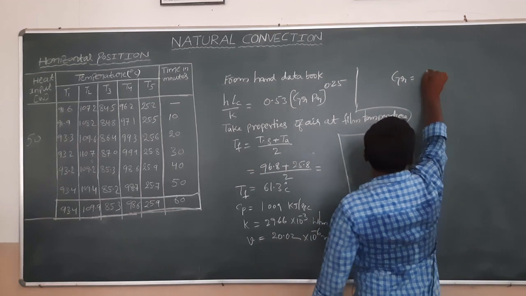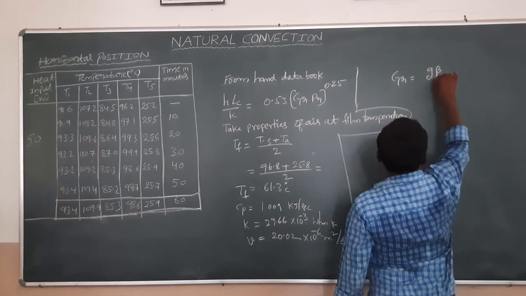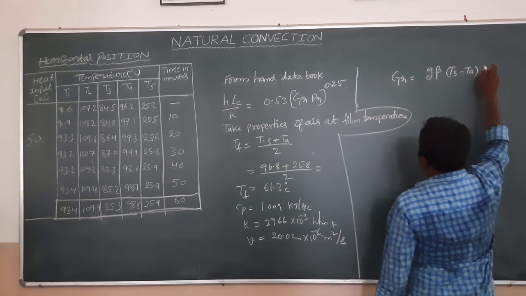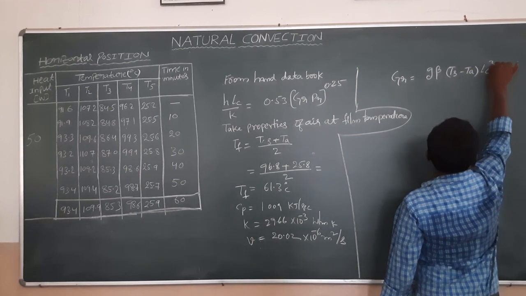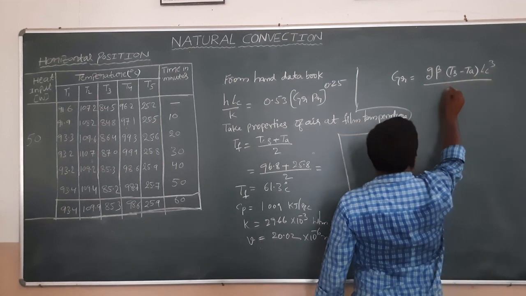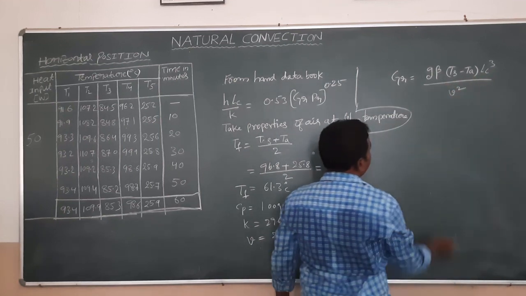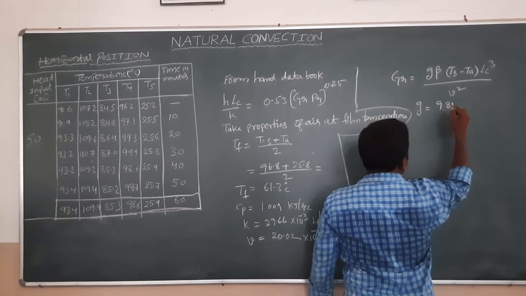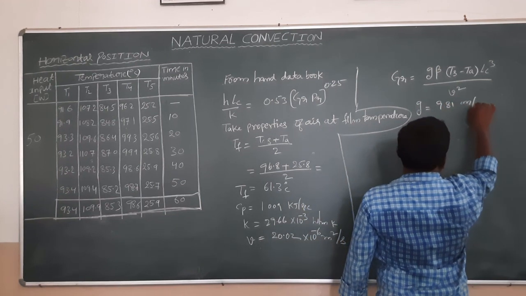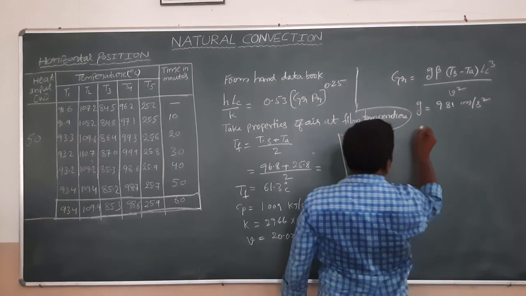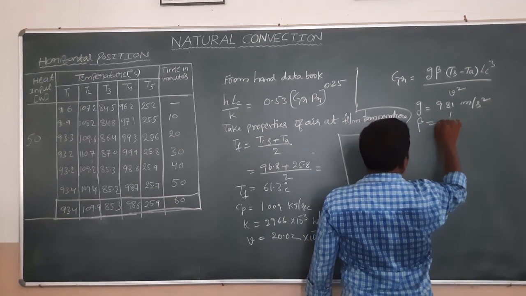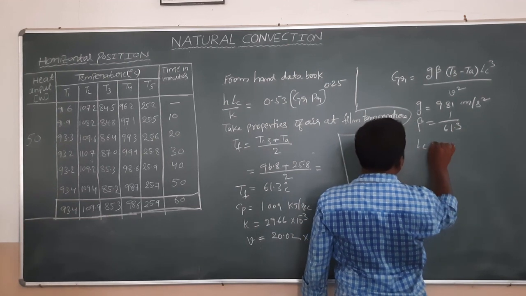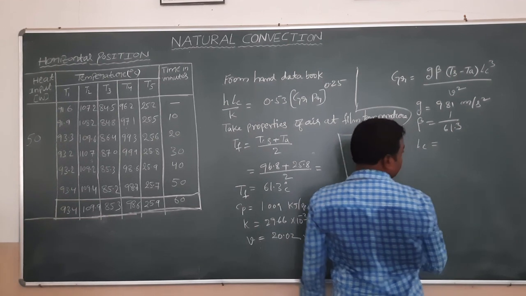Gr equals g beta (Ts minus Ta) into Lc cube divided by v square. Here g means acceleration due to gravity, 9.81 meter per second square, and beta means inverse of film temperature, and Lc means characteristic length.